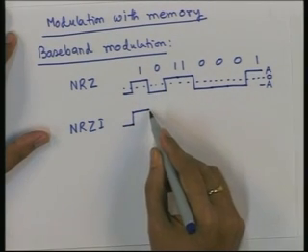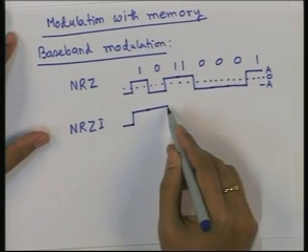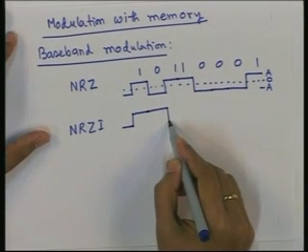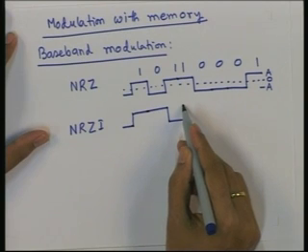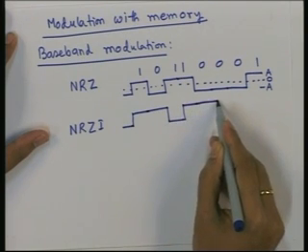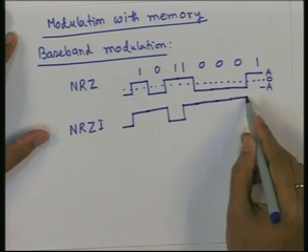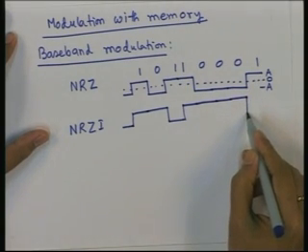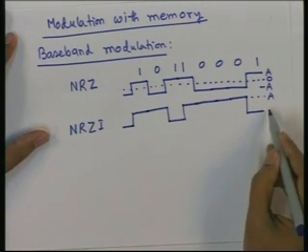So, 0 means no change of voltage level, then again 1 means change of voltage level, then again 1 means change of voltage level, then 0, again 0, then 1. To transmit 1, we will change the voltage level. So, this is A and this is minus A.